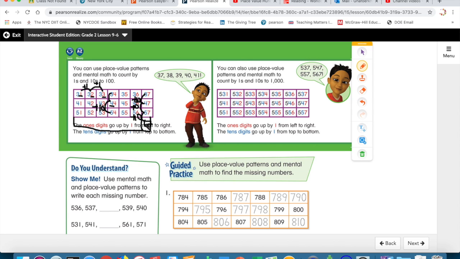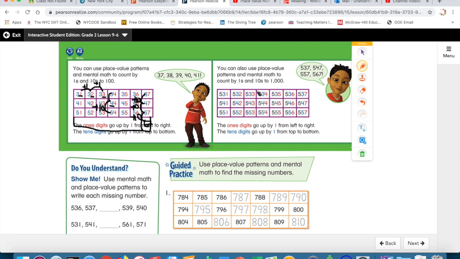So today, we're doing the same thing. But now we have to make sure we're paying attention because we are working with 3 digits, right? We're doing place value patterns for ones, tens, all the way up to 1,000. Same thing. Your ones will go up by 1 if you're moving from left to right, right?